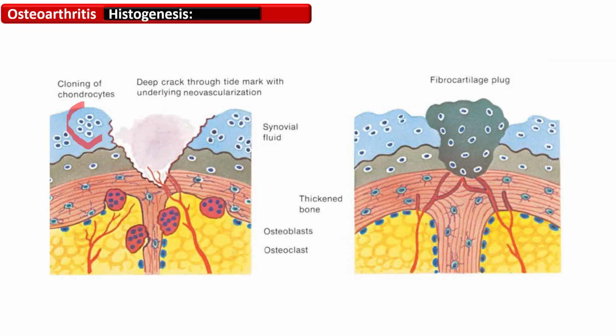Here aggregates of the chondrocytes are present, and fibrillation progresses. So there is loss of articular cartilage, and the cartilage fragments can go to the synovium and start an inflammatory process in the synovium.